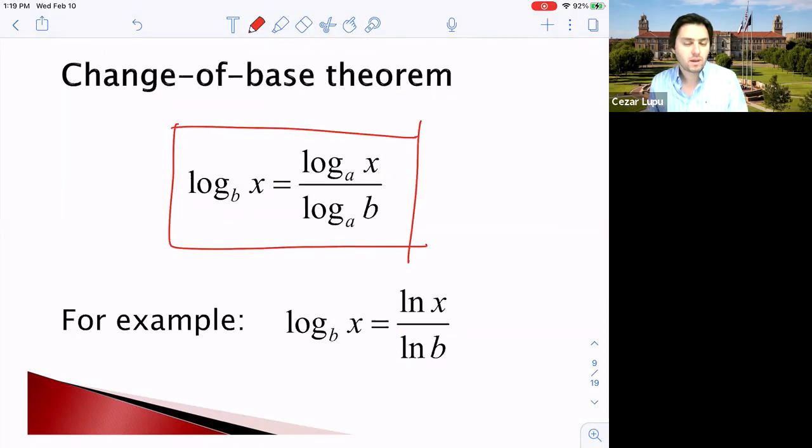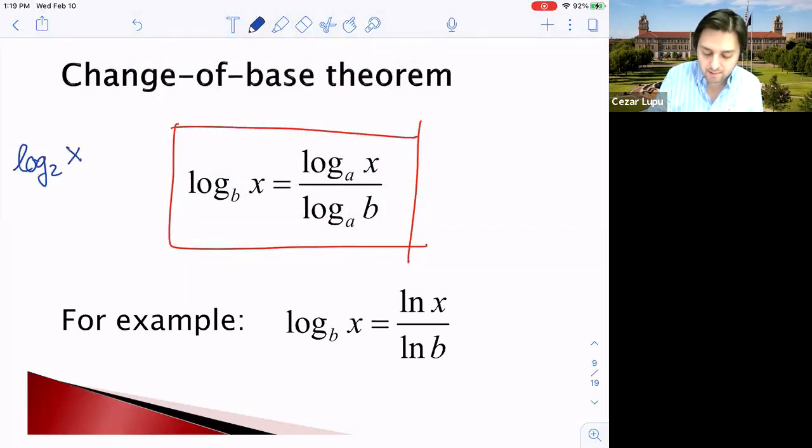So you were given a log in base b of x and you would like to change it to a log in another base. Let's see an example so that you can see the picture clearer. Let's say I want to change log in base 2 of x to base 3. So this will be nothing else than log in base 3 of x over log in base 3 of 2.